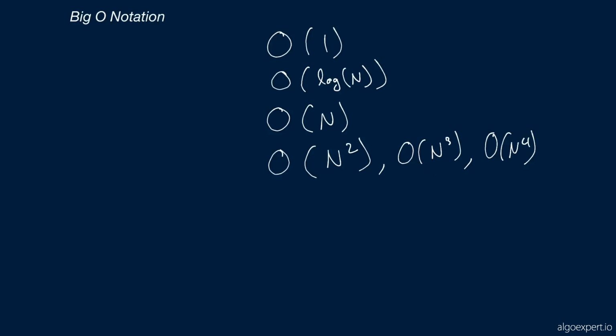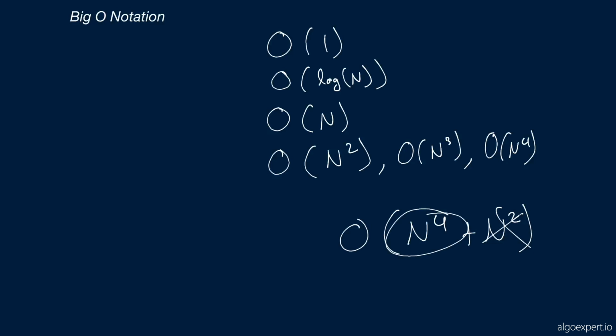So for instance, O of n to the fourth is not at all equivalent to O of n to the second. O of n to the fourth makes O of n squared become tiny. So if you have an expression like O of n to the fourth plus n squared, you would drop the n squared, and n to the fourth is the only thing that you would care about.